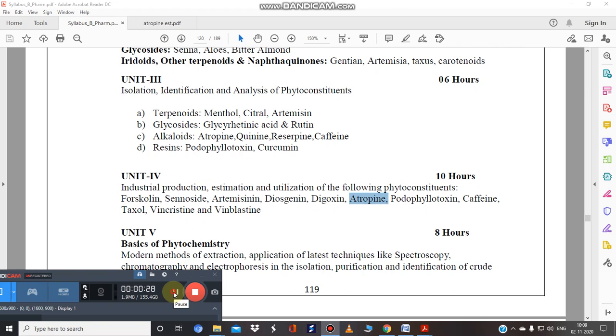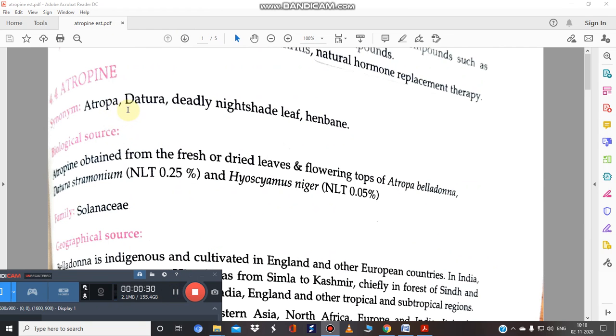So let's start. I hope you have remembered this plant because we have covered it several times. Atropine is basically obtained from different plants like Atropa belladonna, Datura stramonium and Hyoscyamus niger. These three plants all contain atropine as a major phytoconstituent.